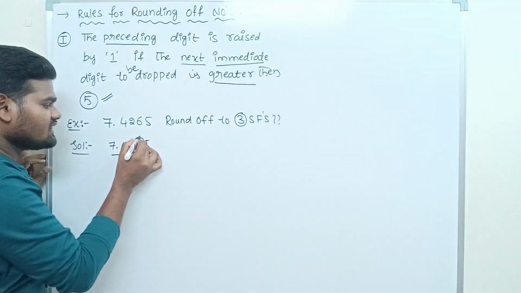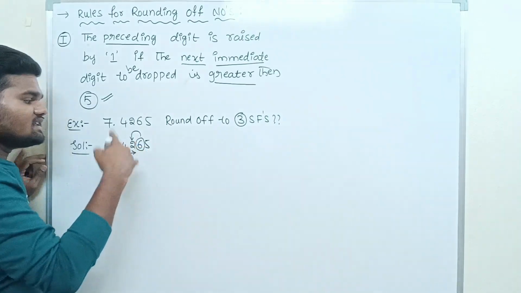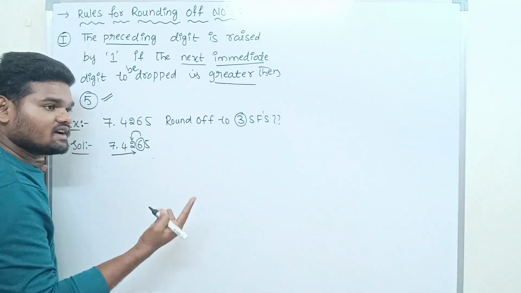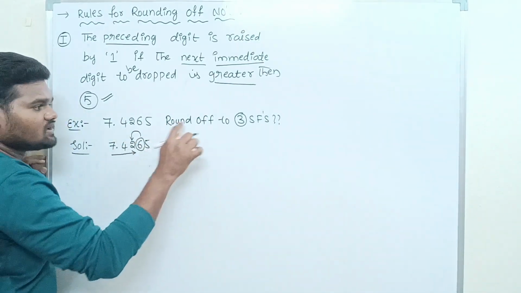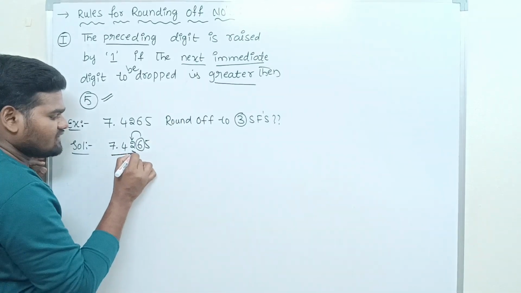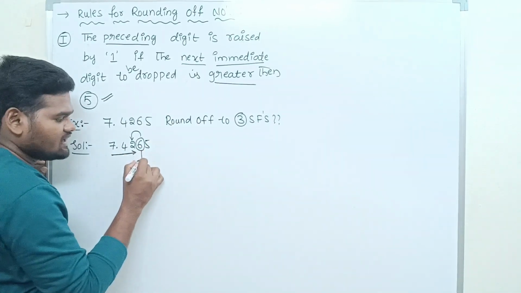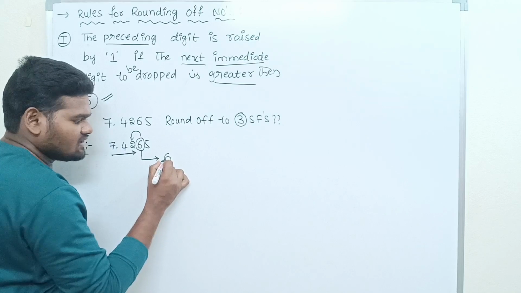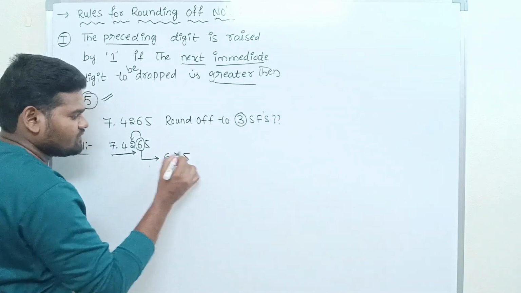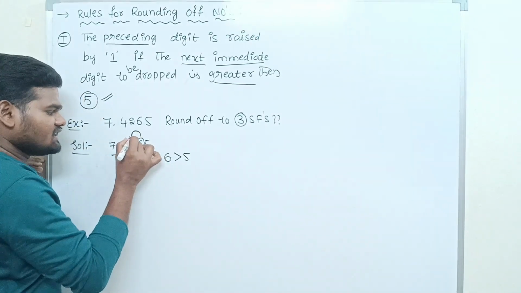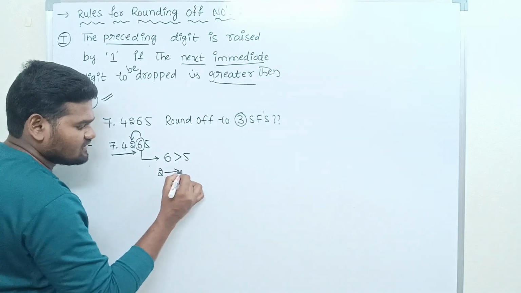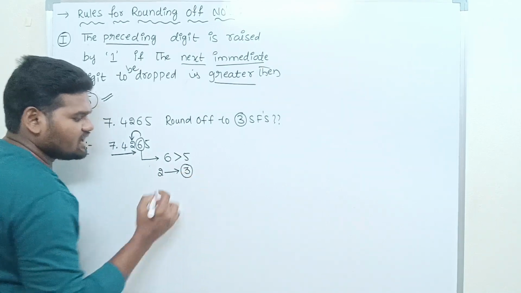The preceding digit is 2, so 2 is raised by 1. The next immediate number is 6, which is greater than 5, then the preceding digit, that is 2, becomes 3. That means it is raised by 1.